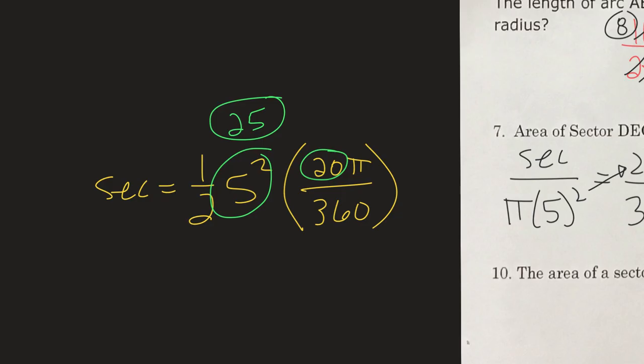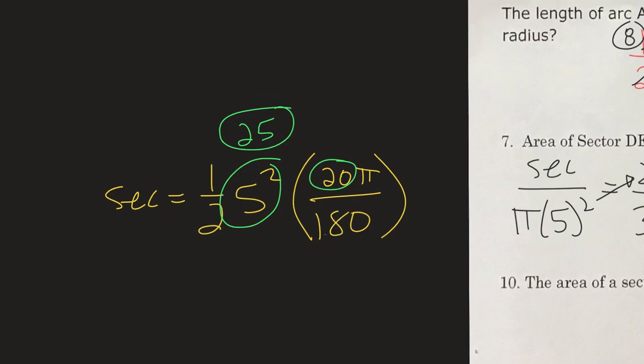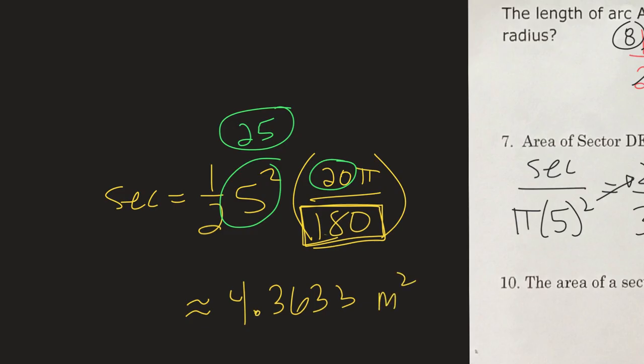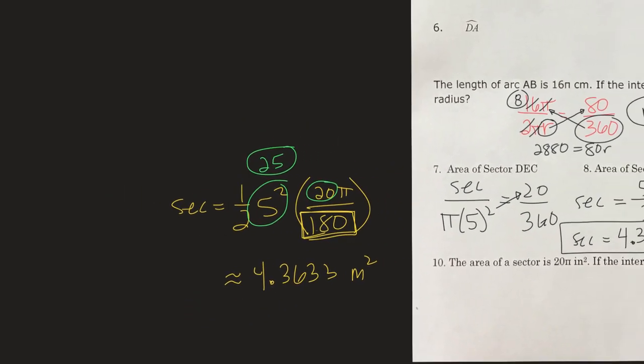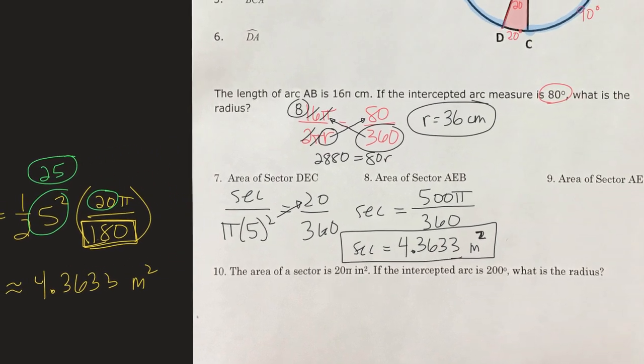But where does the 1/2 come in? That's where this was a 180, so not over 360, over 180. And I get the exact same answer, 4.3633, that I did using the other method. So if you want to convert it to radians, that kind of simplifies. I don't know if it simplifies it or not.